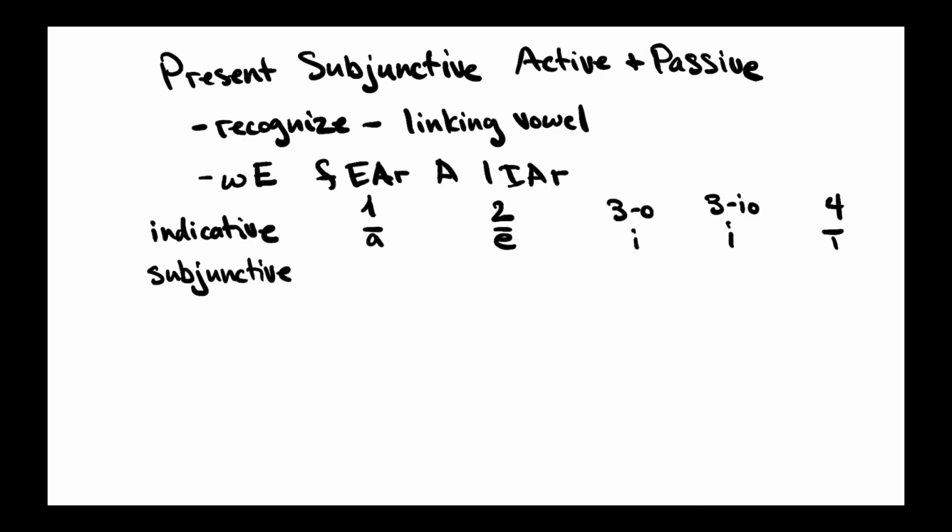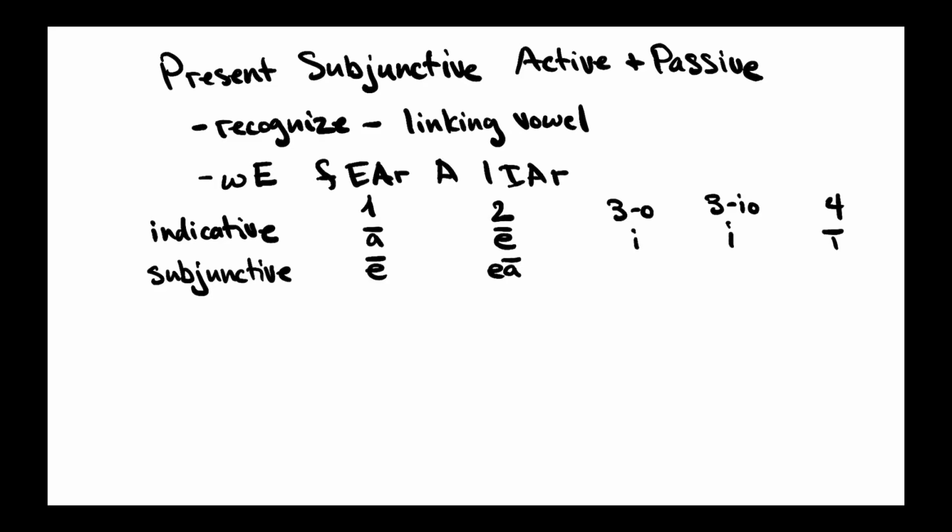The subjunctive then is "we fear a liar," but it gets a little confusing when we get to the third and fourth conjugations. The long E replaces the long A in the first conjugation. In the second conjugation, the E is shortened and a long A is added to it.